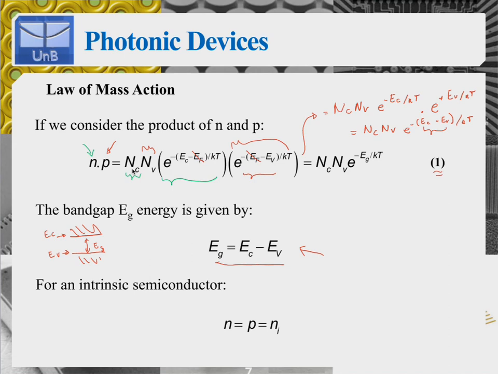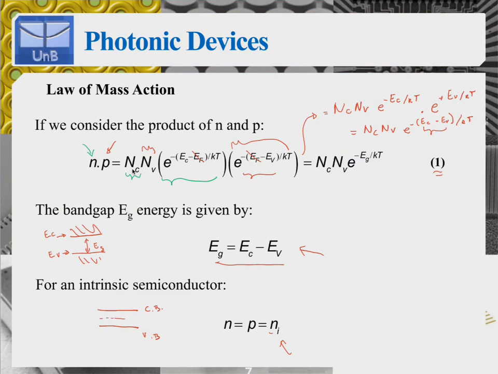Now, for an intrinsic semiconductor, we can state that the electron carrier concentration is equal to the hole carrier concentration, and this will be called the intrinsic carrier concentration, Ni. Why are these things equal? Well, if you consider the band diagram, right, you have the valence band and the conduction band.